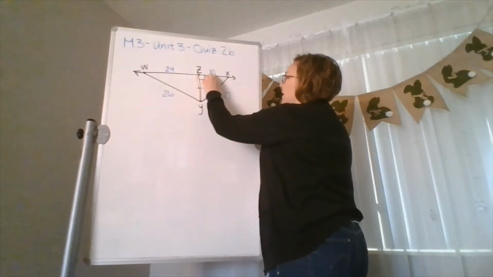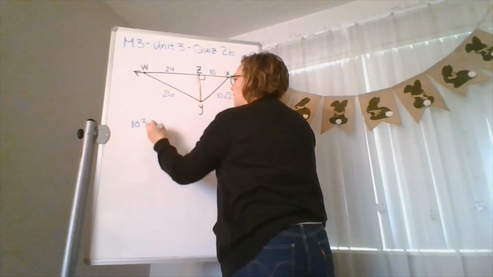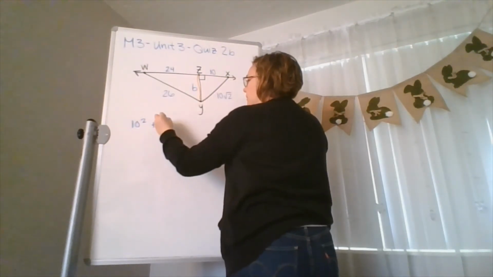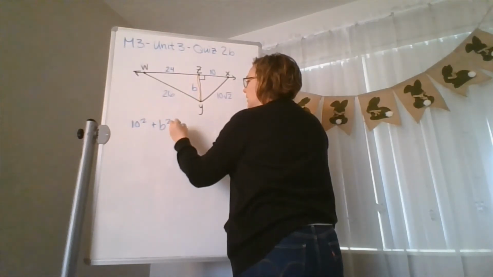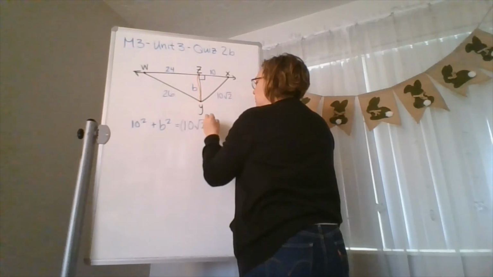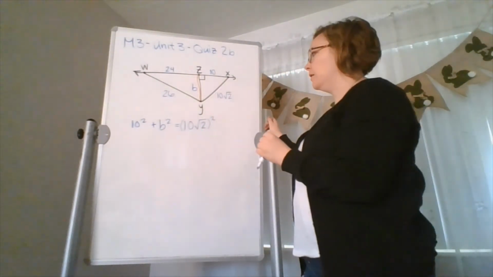So we will take our leg, that's 10 squared, plus our second leg, let's call that B, equals our hypotenuse. I'm going to put that in parentheses to make sure we understand that the whole part of it is being squared.